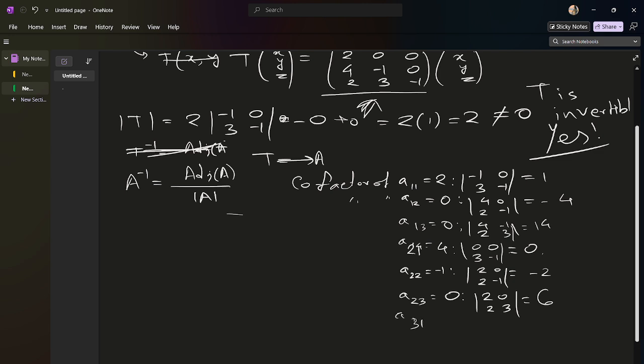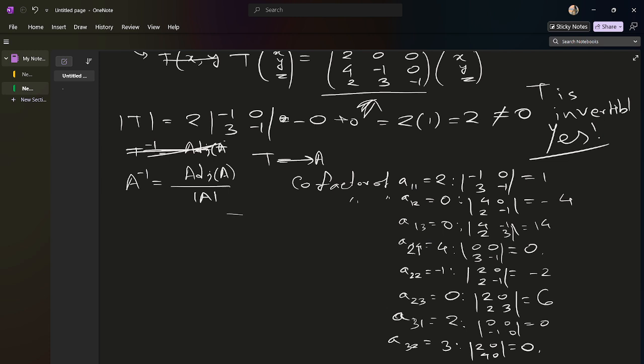For A31, the minor is (0, 0; minus 1, 0), which is 0. For A32, the minor is (2, 0; 4, 0), this is also 0.